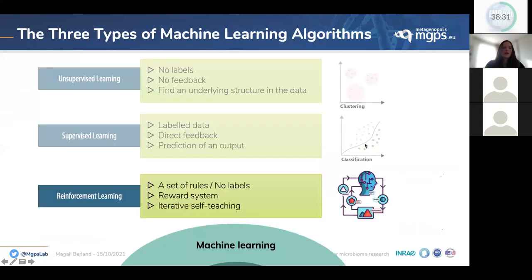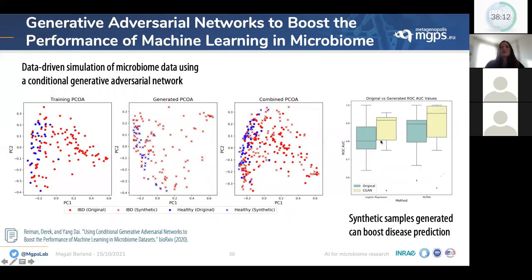And finally, the last part is about, sorry, reinforcement learning. I first thought that there were not many people using reinforcement learning on microbiome data, but after some searching, I found some publications that use the generative adversarial network for this.